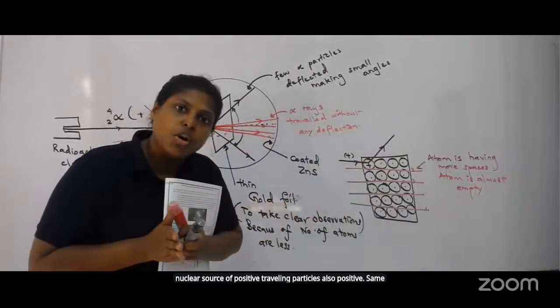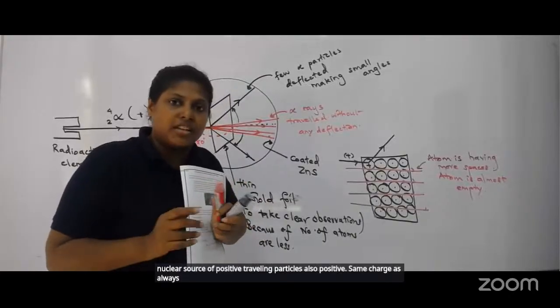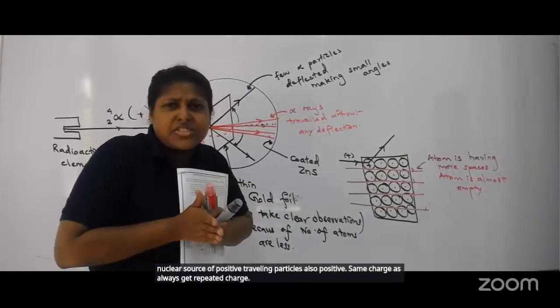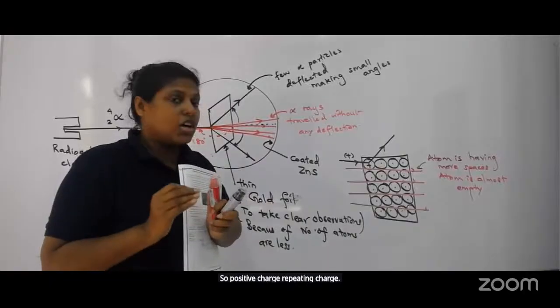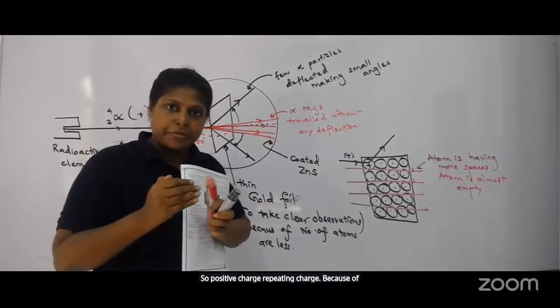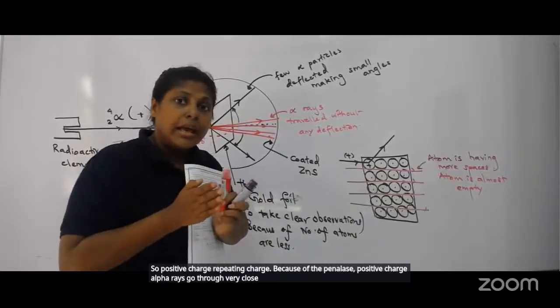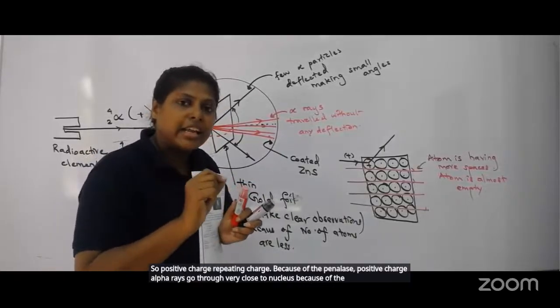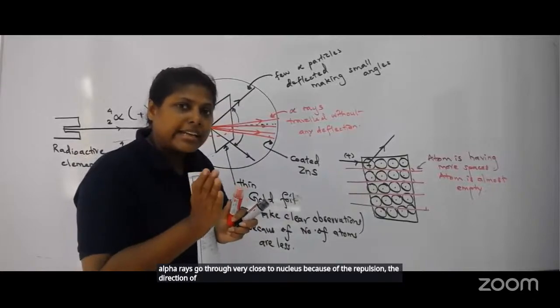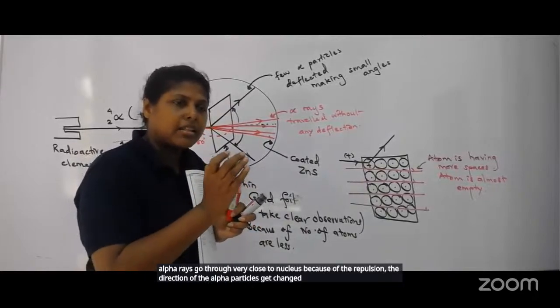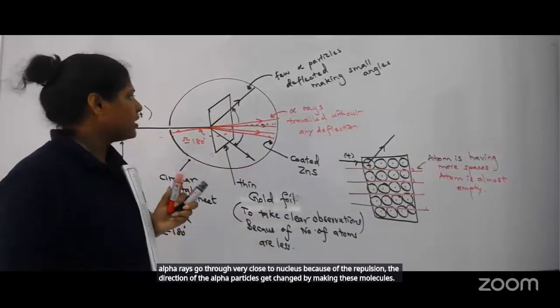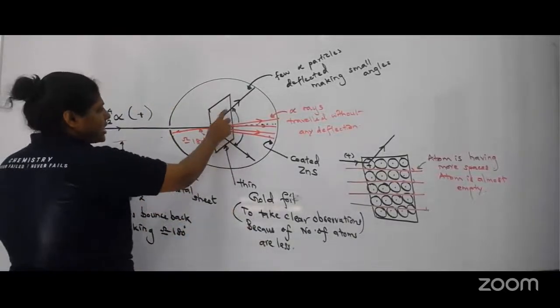Same charges always repel each other. Because of the repulsion, the direction of the alpha particles gets changed by small angles. That is the reason for the second observation.